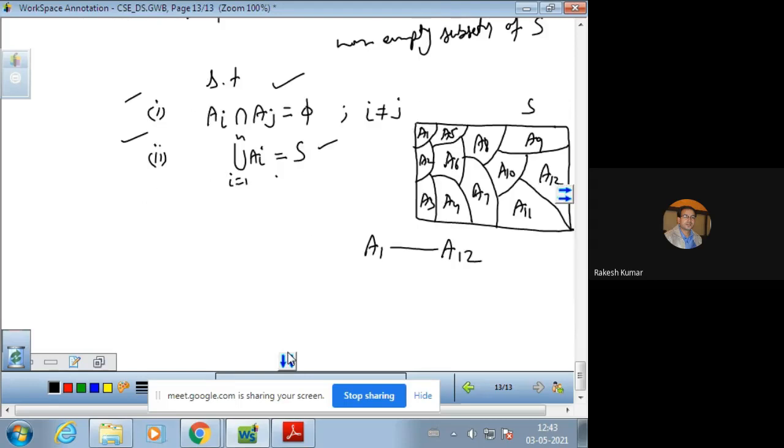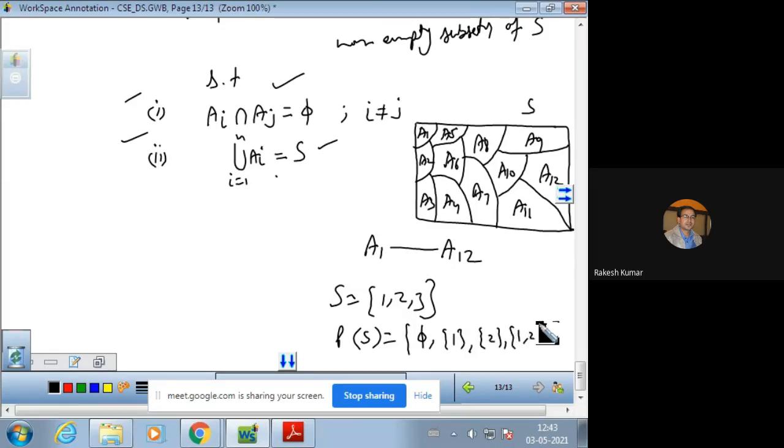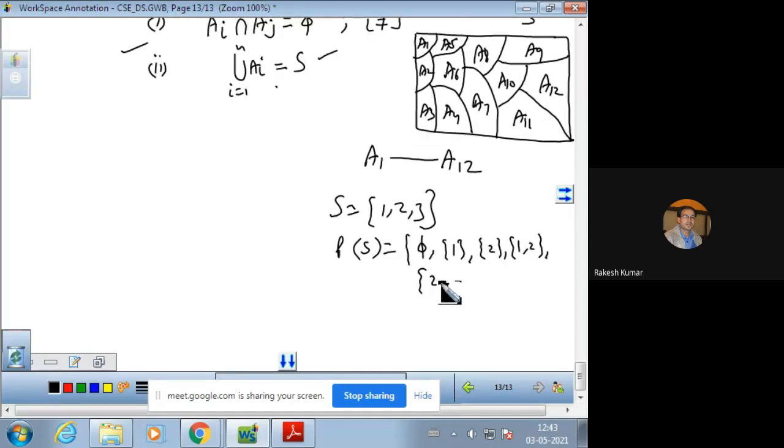You can also take a small example, by taking S equal to {1, 2, 3}, and you can find out the power set of S. Means to say that all the subsets, that is phi, singleton 1, singleton 2, {1, 2}, and {2, 3}, {1, 3}, and last one is {1, 2, 3}.